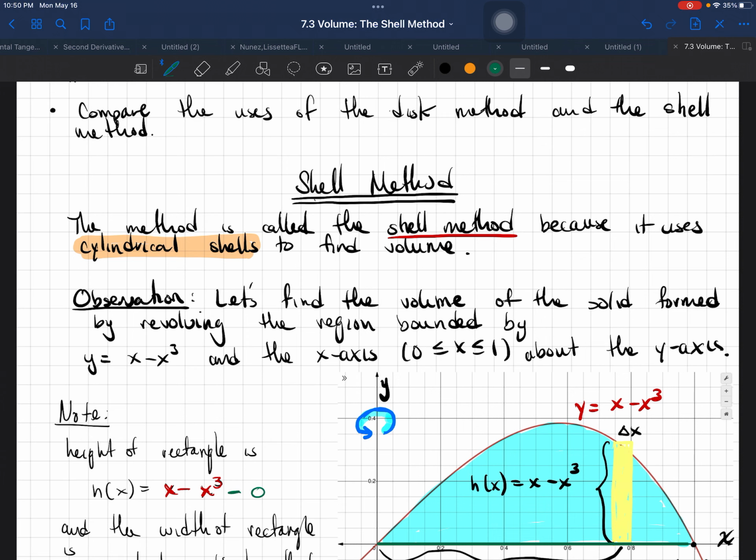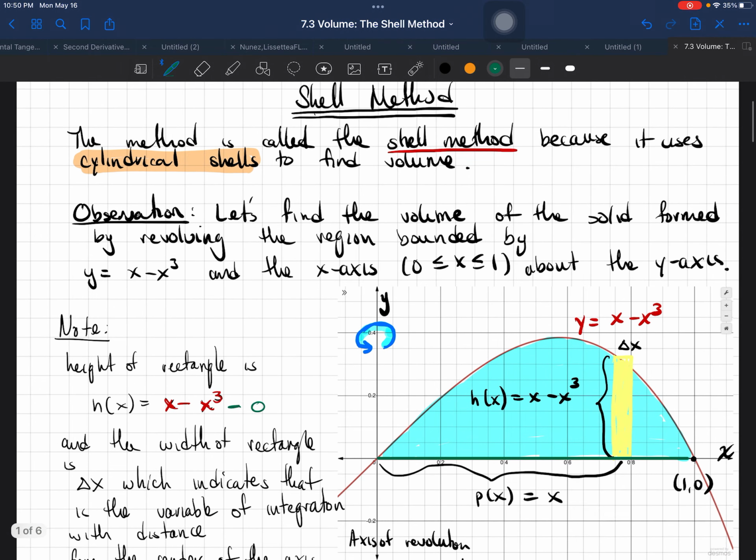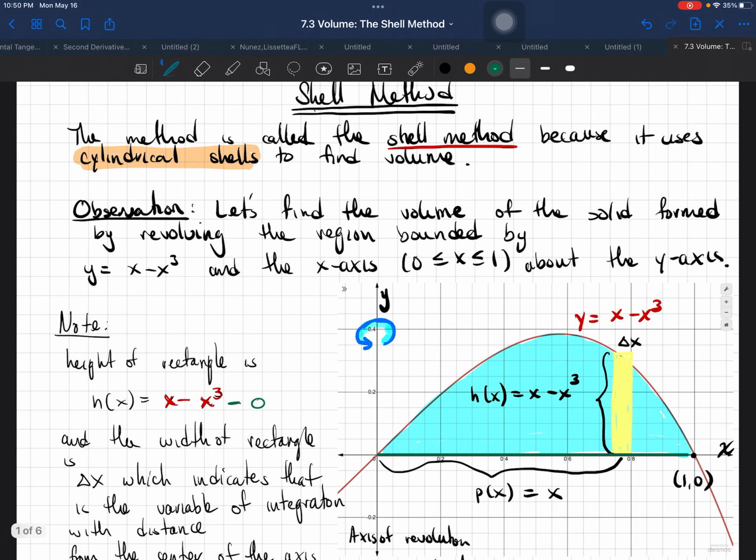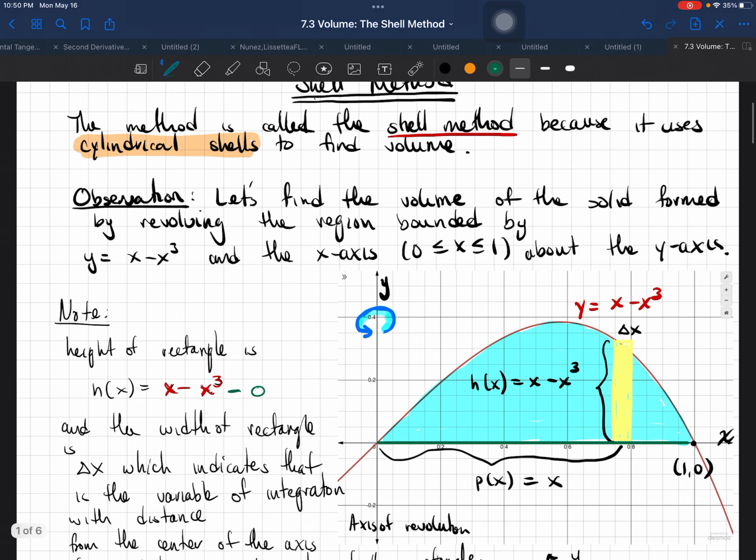Well, with the shell method, instead of disks, we're going to be using cylinders. These cylinders are going to have a hole, but what's going to happen is we're going to create infinite cylinders or shells, and we're going to add them all together. So let's observe the next example and how this is going to apply.